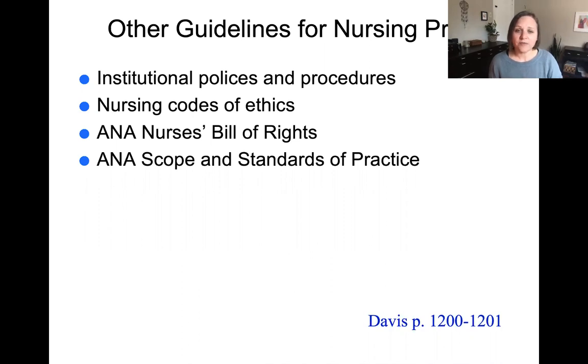Now, the Nursing Code of Ethics, the Nurses' Bill of Rights, and the Nursing Scope and Standards of Practice from the ANA are not law, but they're regularly accepted in court cases as a standard to guide legislators and judges who are not healthcare workers in influencing them and saying what is the accepted standard for our profession.